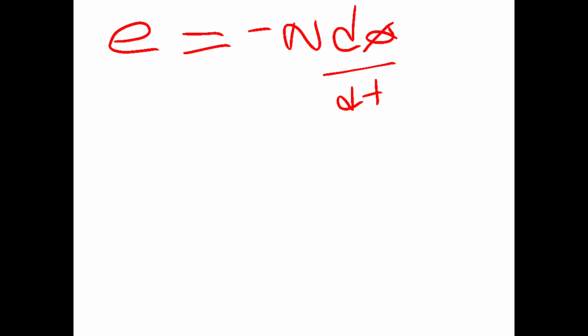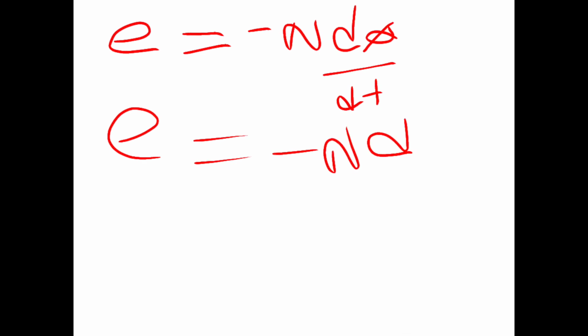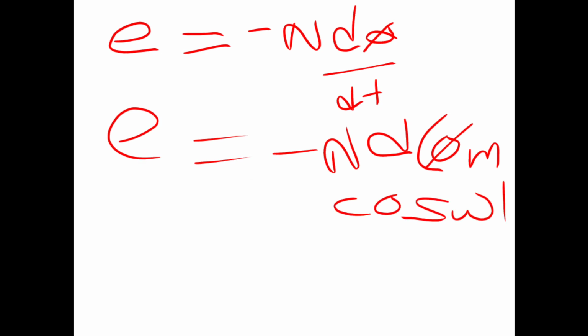So first of all, in this equation E is equals to minus N d phi by dt, we put the value of phi. So E is equals to minus N d, phi means phi m cos omega t, upon dt.